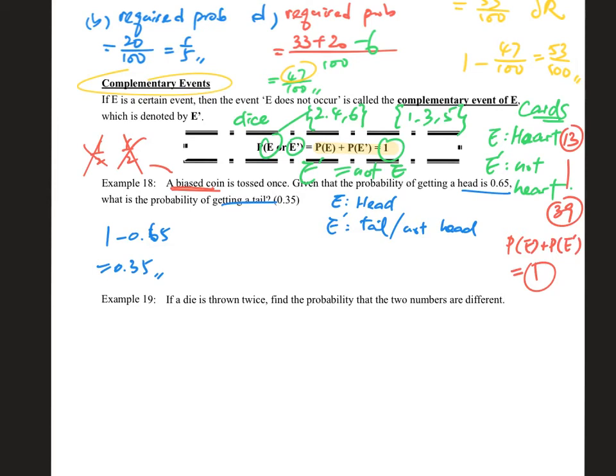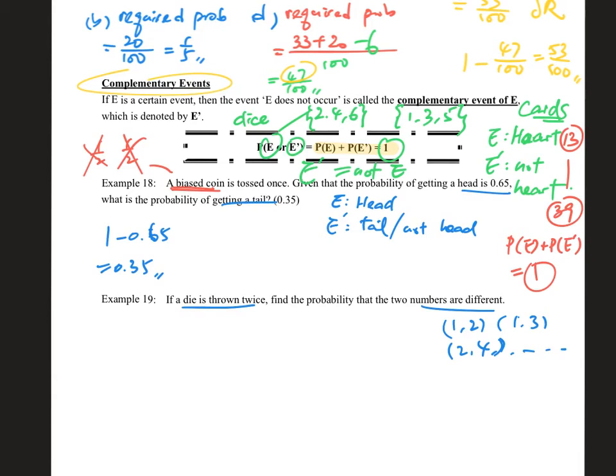Please note, you can use it very easily because it's asked quite often in your examination. Another situation is when a dice is thrown twice and you want to see that the 2 numbers are different. Well, it's very hard because there are lots of possibilities, like 1, 2, 1, 3, 2, 4, right? So if you expect that the number of favorable outcomes is large, then you think of 1 minus.